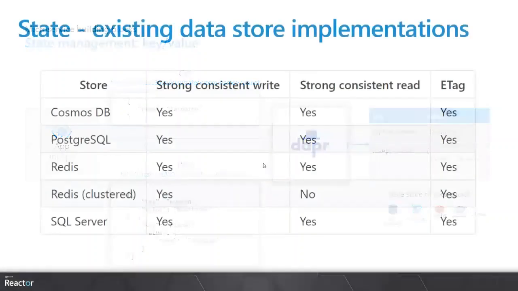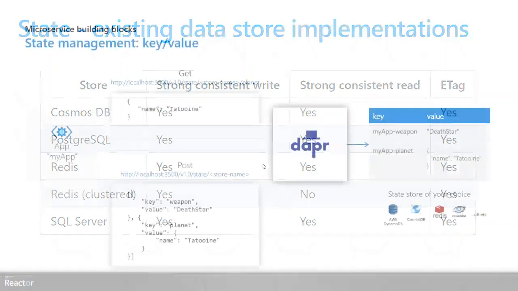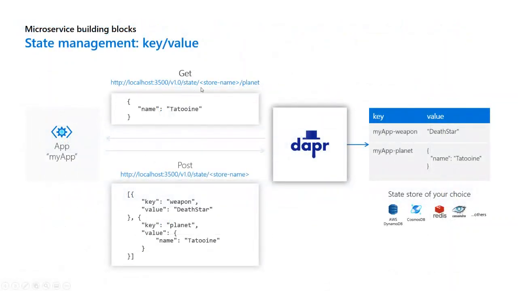Same way, you can read the data using the GET request. You specify state, which is my building block, the store name as configured in the configuration file, and planet is my key. So if planet is the key and I specify it here, I'll get the complete value for that key, which is a JSON string.